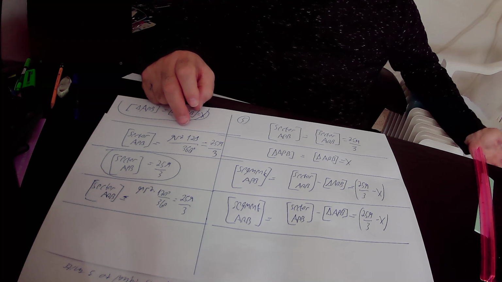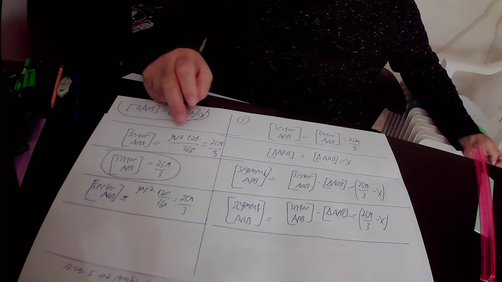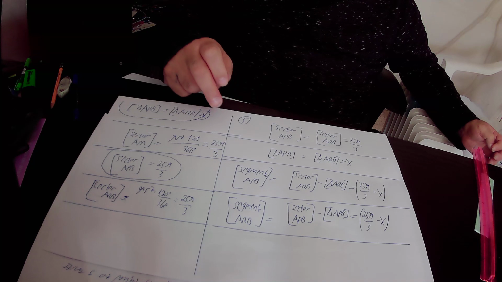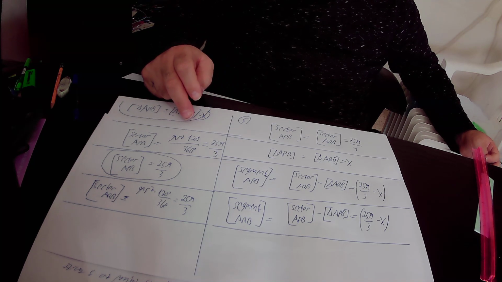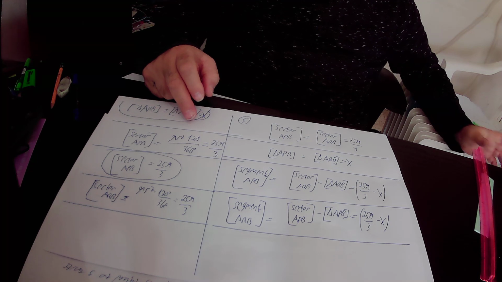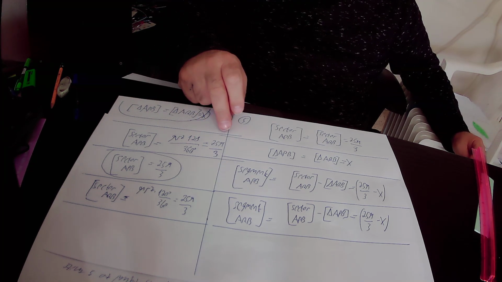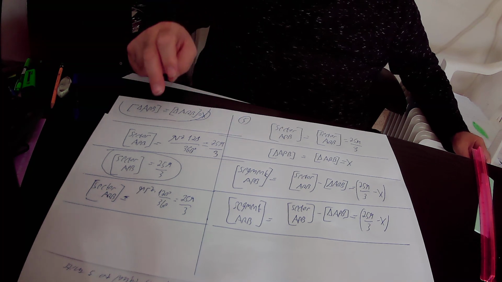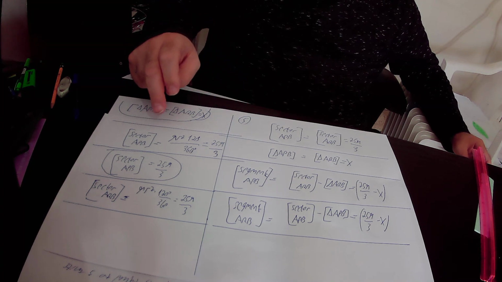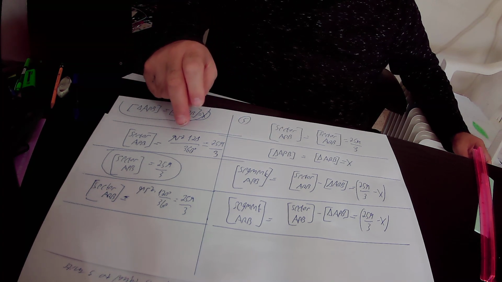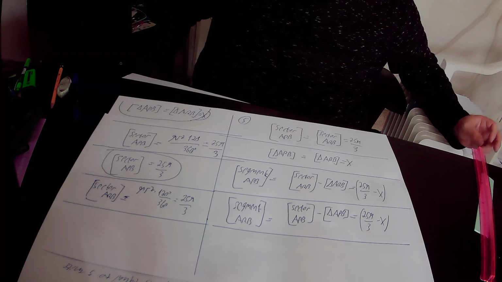So r squared is 25, so in the numerator we have 25 pi, and 120 over 360 is 1 over 3, so in the denominator we have 3. So the area of sector APB is equal to 25 pi over 3 square units.